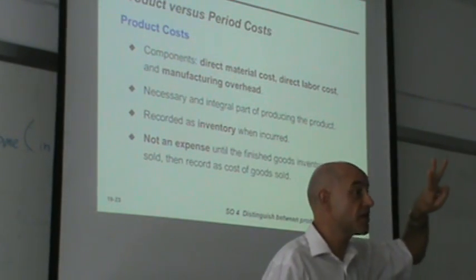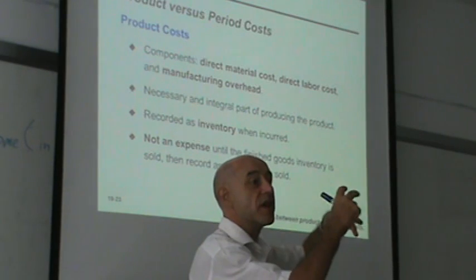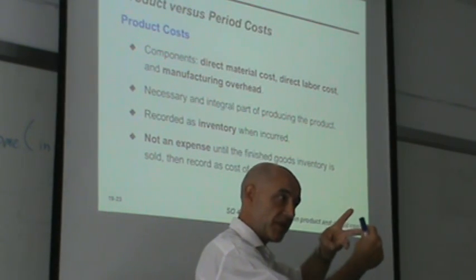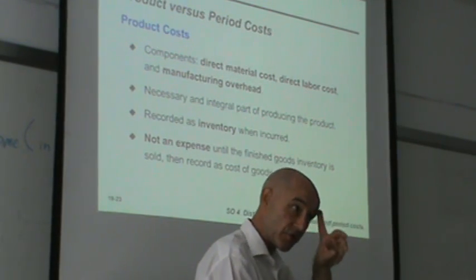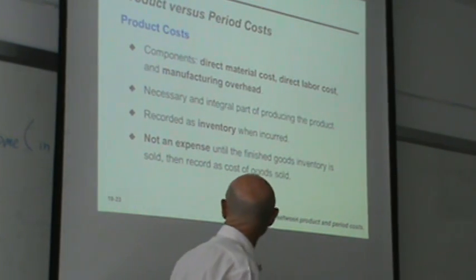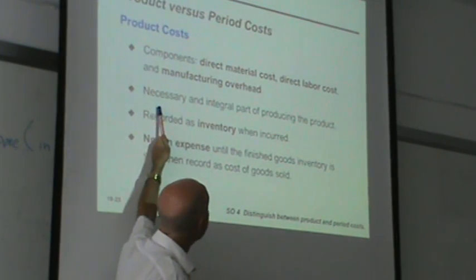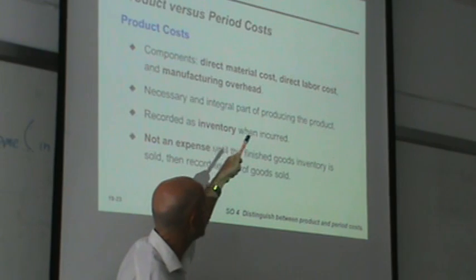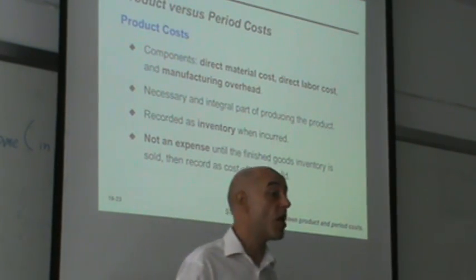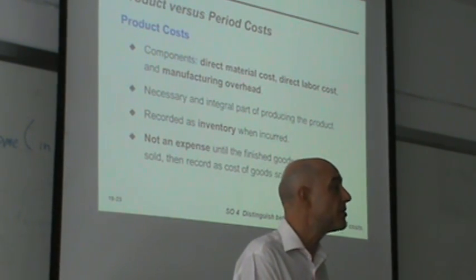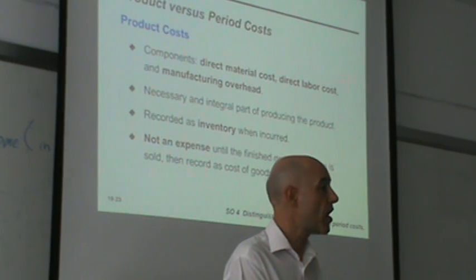So we say product cost will be direct labor, direct materials, and the manufacturing overhead. They are a necessary part of the product. So somehow you need them to get the product.